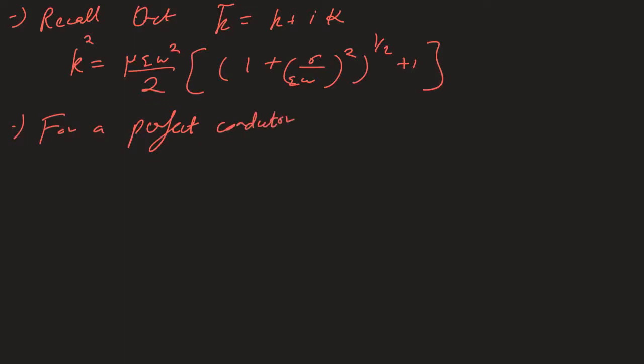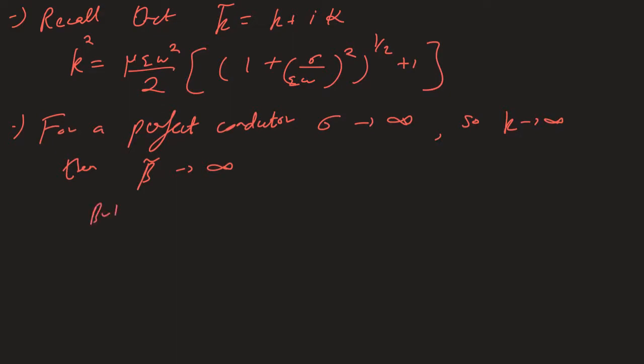Now, for a perfect conductor, sigma goes to infinity. So for a perfect conductor, if sigma goes to infinity, then K goes to infinity. So if K goes to infinity, then beta tilde also goes to infinity, right?